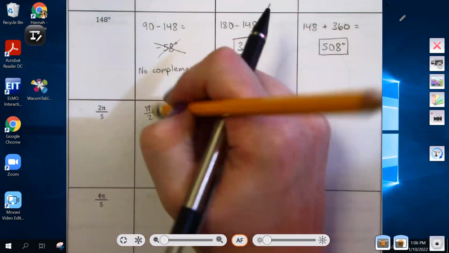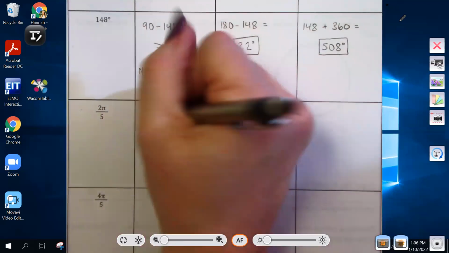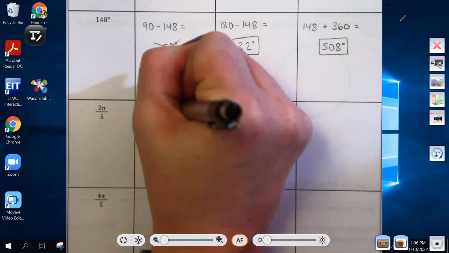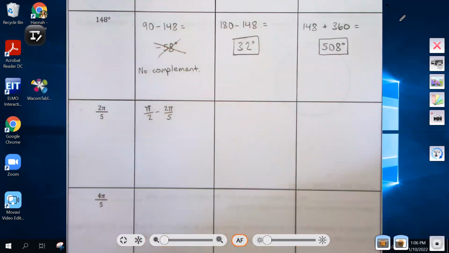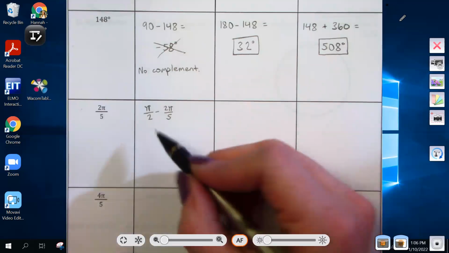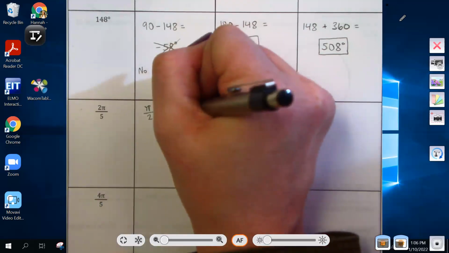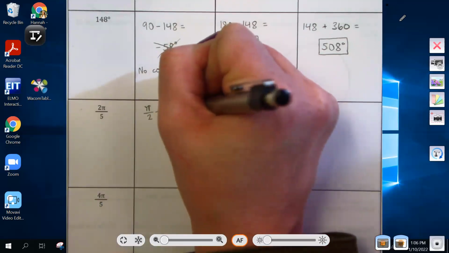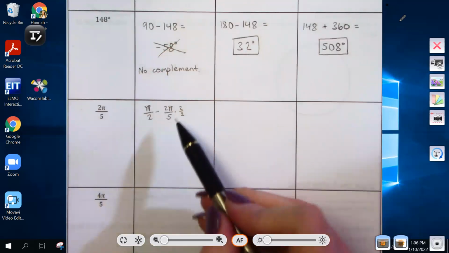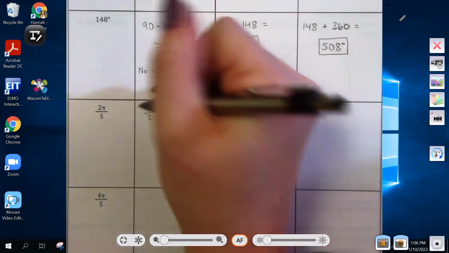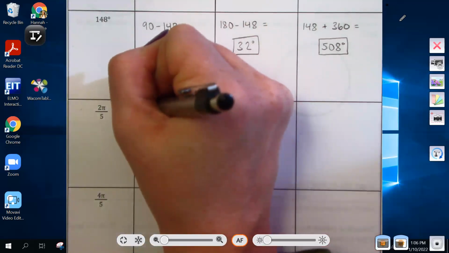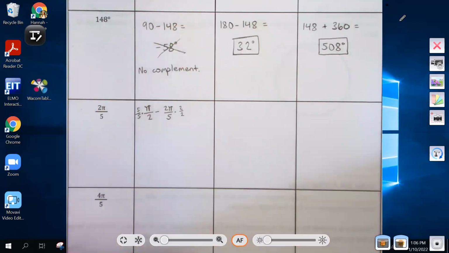So we're starting with pi over 2 and subtracting 2 pi over 5. But we need these fractions to have the same denominator before we can subtract. Multiply 2 pi over 5 by 2 and then pi over 2 by 5. Good. So we're going to multiply this fraction by 2 over 2. Multiply this fraction by 5 over 5 so that both denominators will be 10.